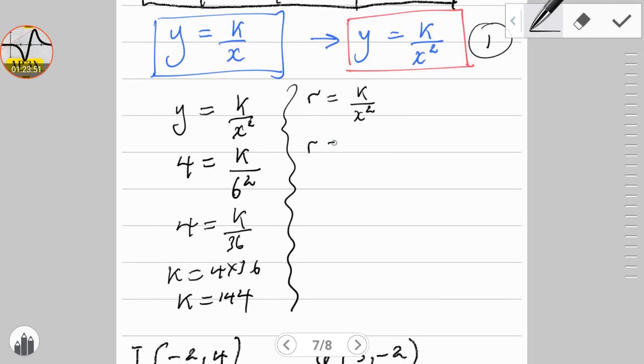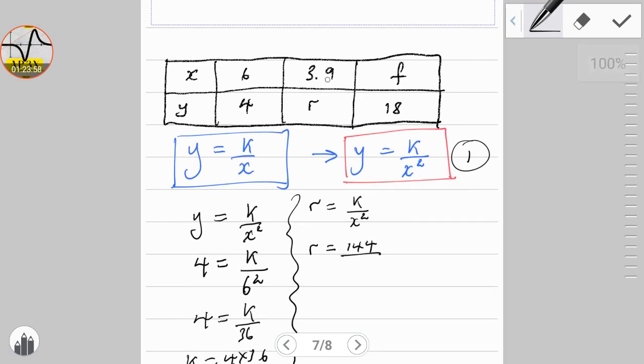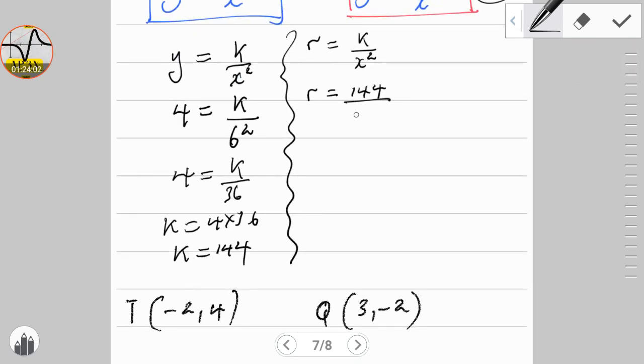So now r is equal to k, which we now know is 144, divided by x, which is 3.9. It's in the row where x is, so that's 3.9 squared. So r is equal to 144 divided by, I believe this is 15.21, if I remember my calculation. So therefore r is actually equal to, I think it was 9.4.